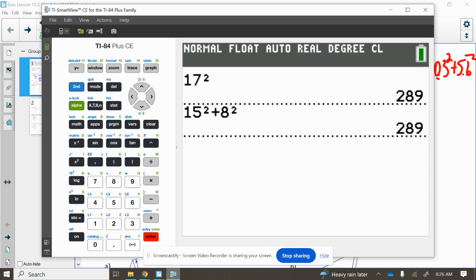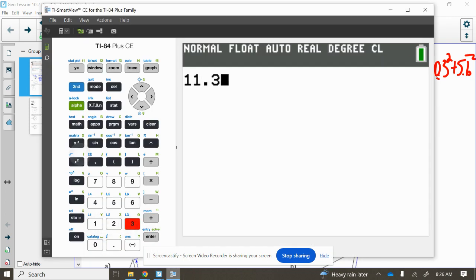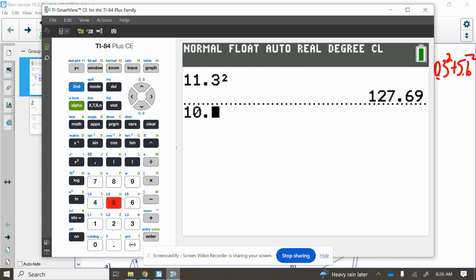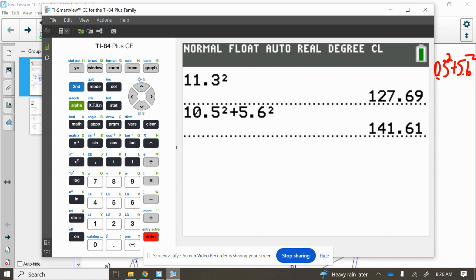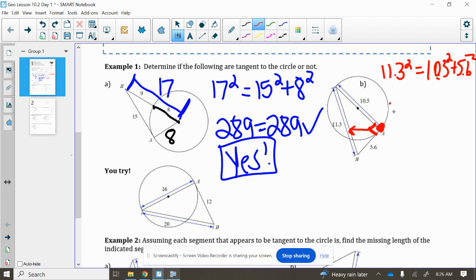So we're going to take 11.3 squared, and again, test, does that equal 10.5 squared plus 5.6 squared? And the answer here is no. 127.69 did not equal 141.61. So because a squared plus b squared does not equal c squared, this is not creating a right triangle. So it is not going to be a tangent.